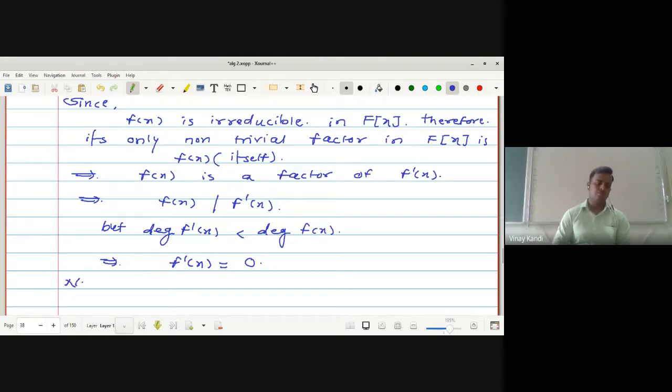Now f dash of x is equal to 0 and the characteristic of the field F is equal to p, which is not equal to 0.